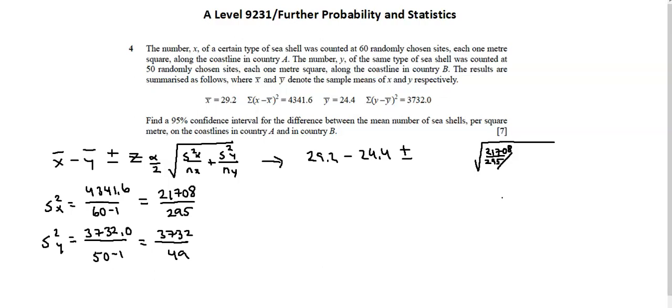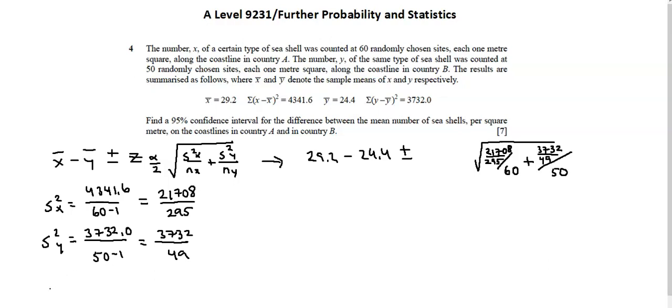And that's over the quantity of x, not quantity minus 1, the full quantity. X is a quantity in n of 60. Plus the ratio y's variance 3732 over 49 over 50. Again, not n minus 1, n rather.